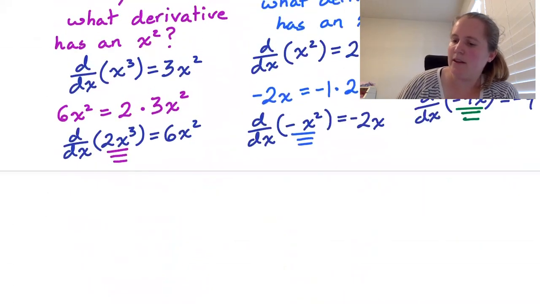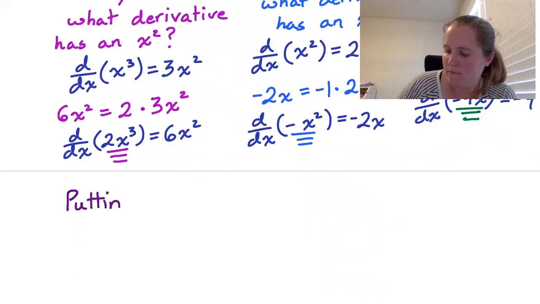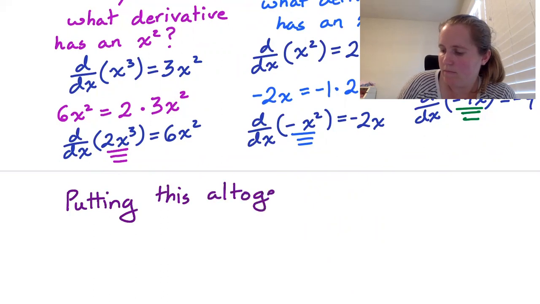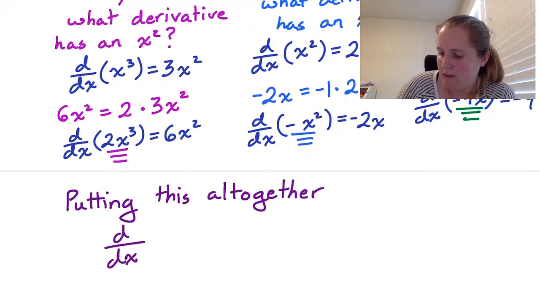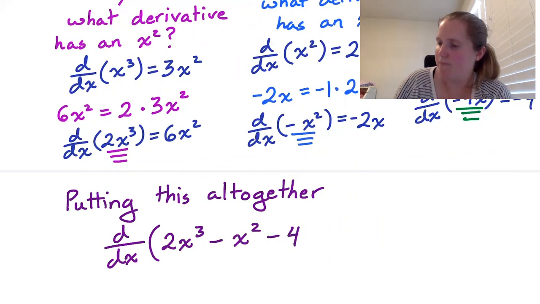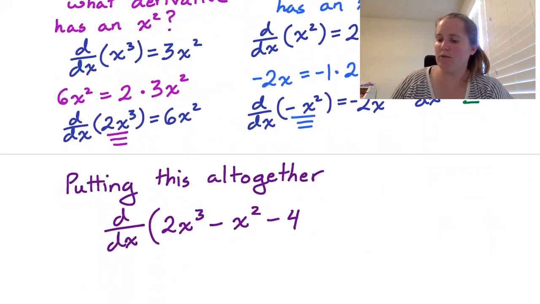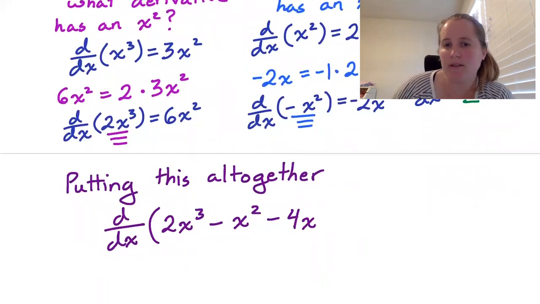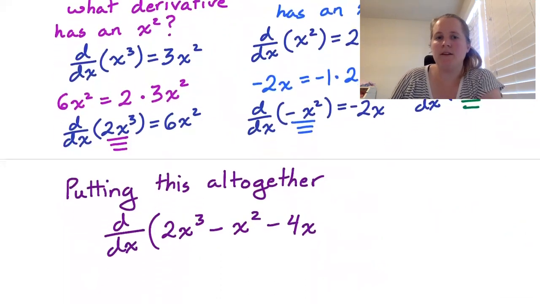So putting this all together, if we take the derivative of 2x cubed minus x squared minus 4x, here we go. Those are the 3 pieces I underlined.